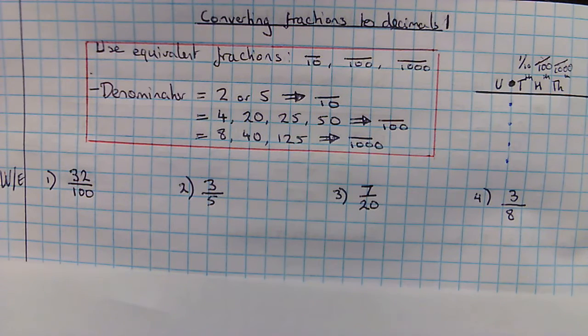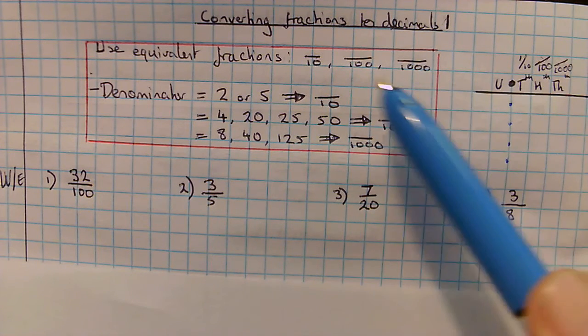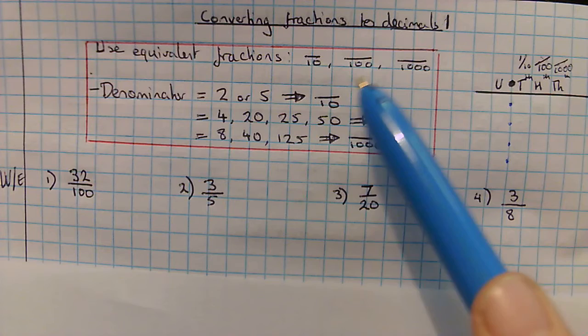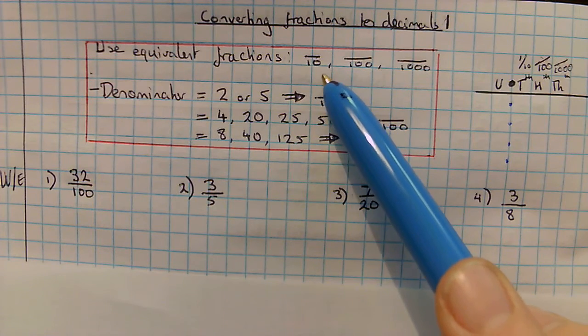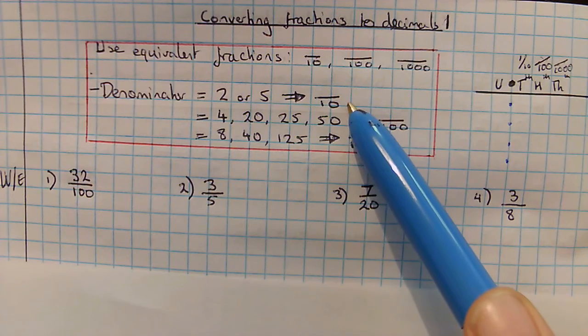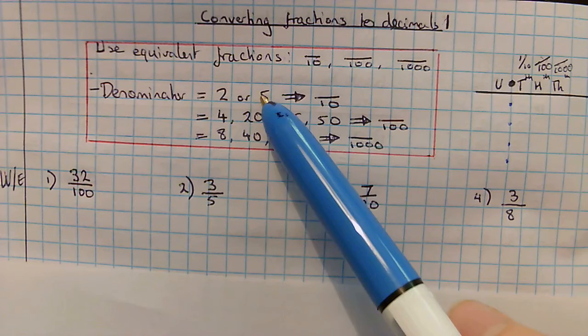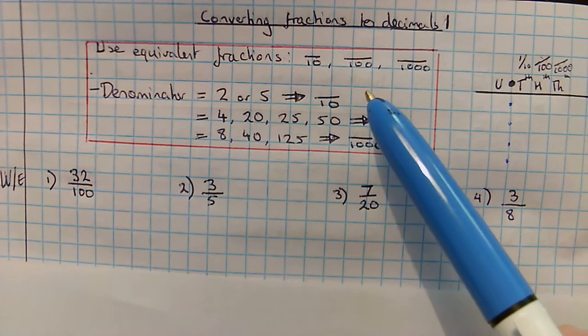Okay, so what we're going to do is use equivalent fractions, which means we're going to turn every fraction into 10, 100 or 1000. That means that the denominator has to be a factor of 10, a factor of 100 or a factor of 1000. So if we think of our factors of 10, 2 and 5 are the likely factors that we're going to need to convert into tenths.